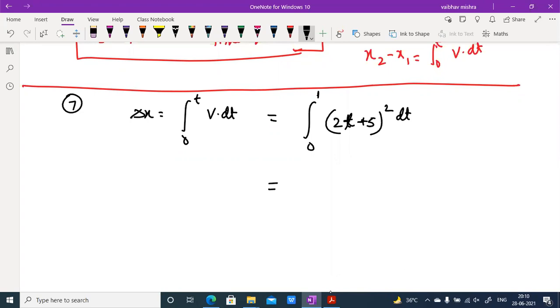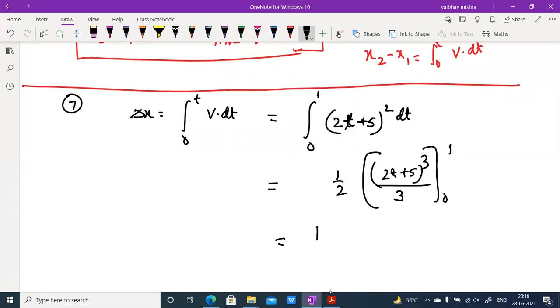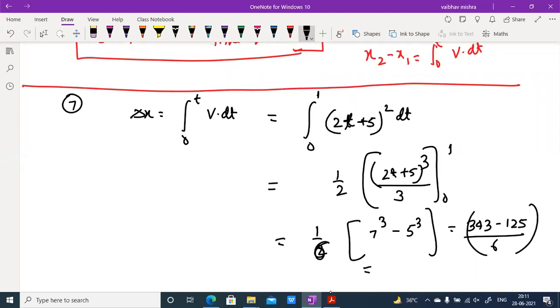So 1 by 2, 2t plus 5 whole cube divided by 3, limit 1 and 0. ये 3 और 2 तो बाहर आके 6 हो गया, अंदर लिमिट लगा दो, 2 plus 5 7 क्यूब, 0 रखोगे तो 5 क्यूब. So 36.3 आ रहा है. Yes, sir. करेक्ट.